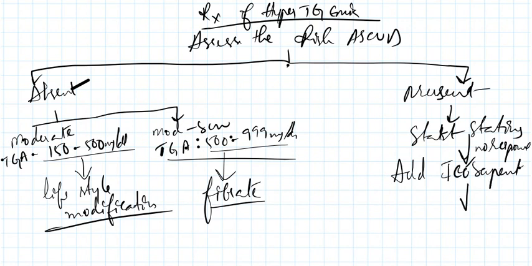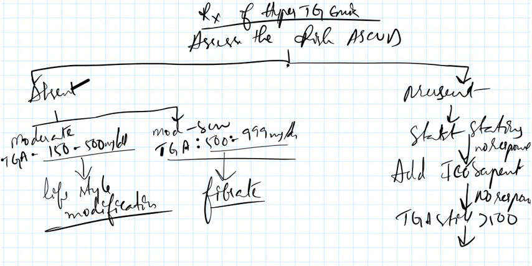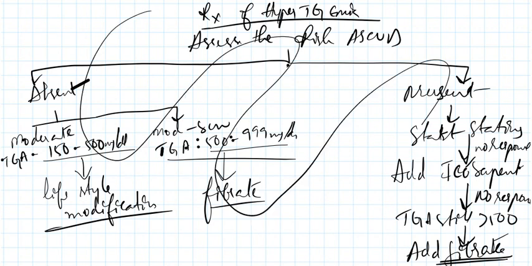If even that one has no response, TG is still more than 500, right? There is no response, simply add fibrates. Now this is the treatment for a patient with hypertriglyceridemia.